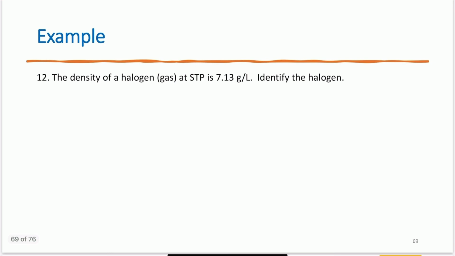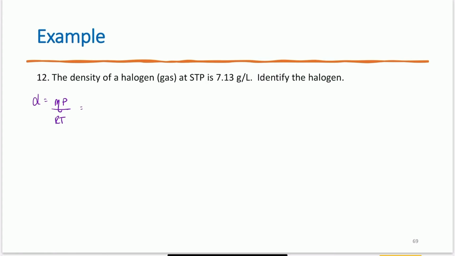Number 12, the density of a halogen gas at STP is 7.13 grams per liter. Identify the halogen. We know it's a halogen, so that part's nice. We narrowed it down to just a few elements on the table.